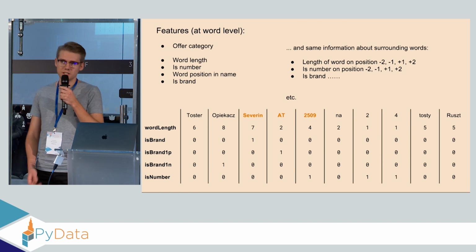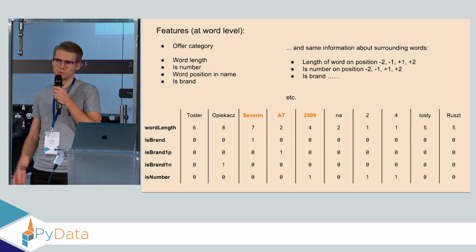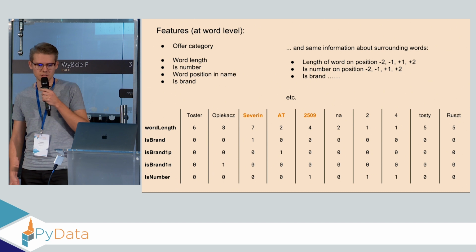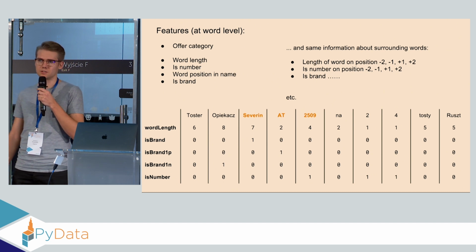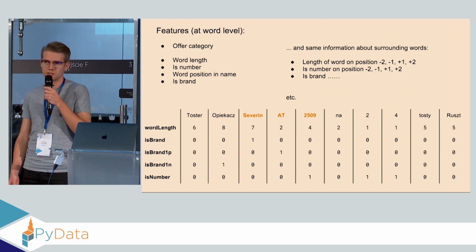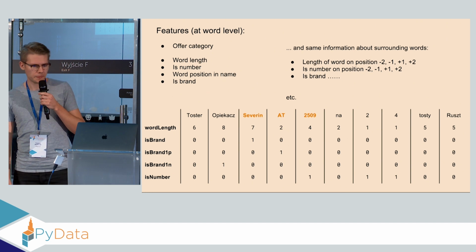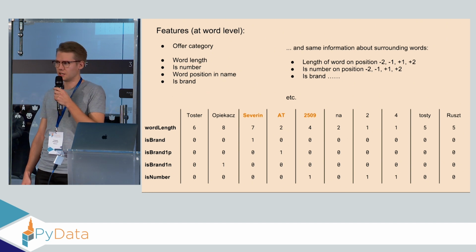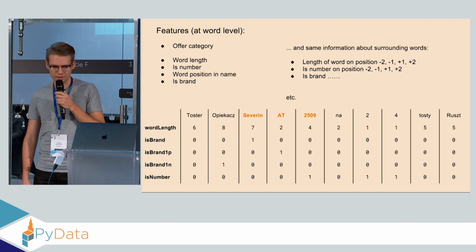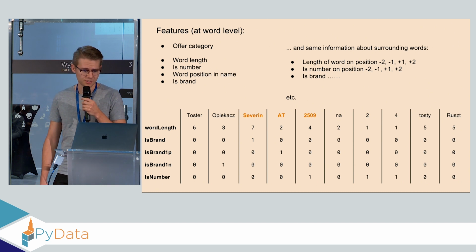This is already quite visible in this example. It's usually the case that the name is earlier in the offer name. It's not always the case, but we'll see, it's actually quite a good predictor for this.